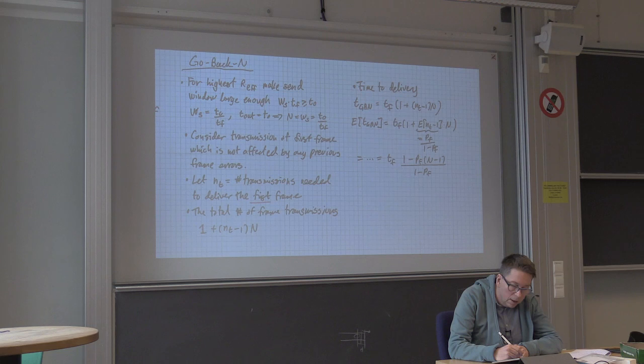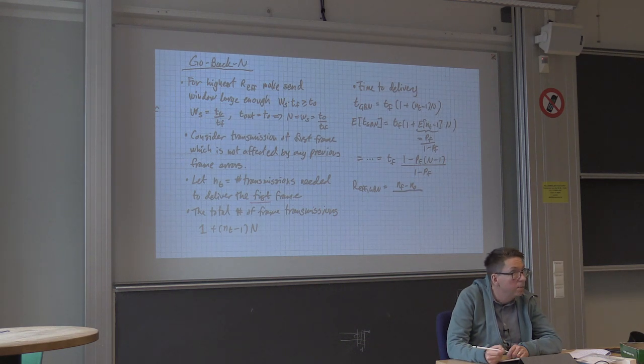And then the effective rate for go back N is again the number of bits in the service data unit, which is NF, minus the overhead bits N0, divided by the average delivery time, which is the expected value of TGBN.